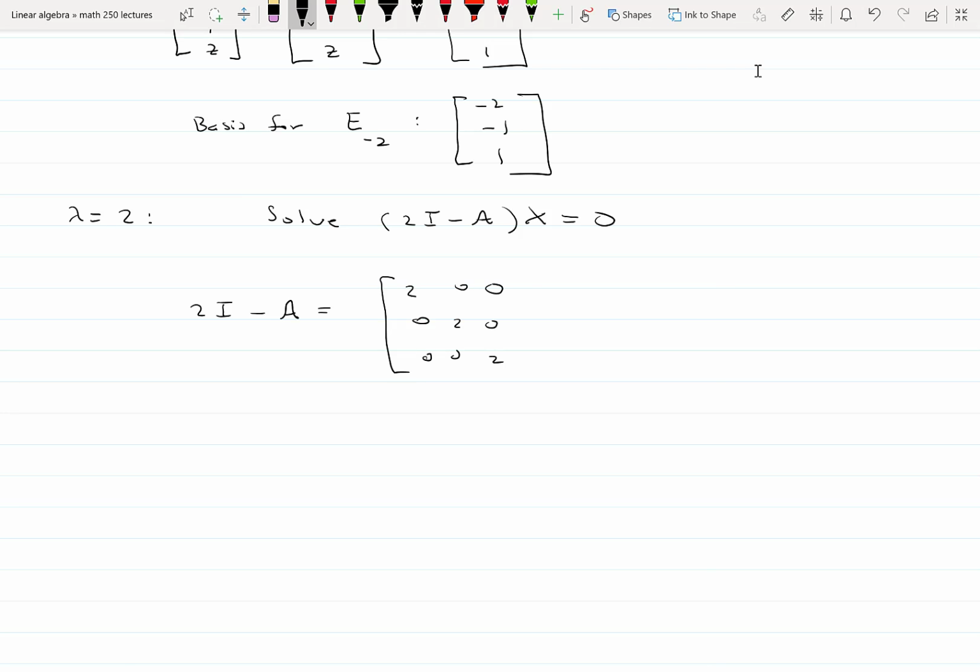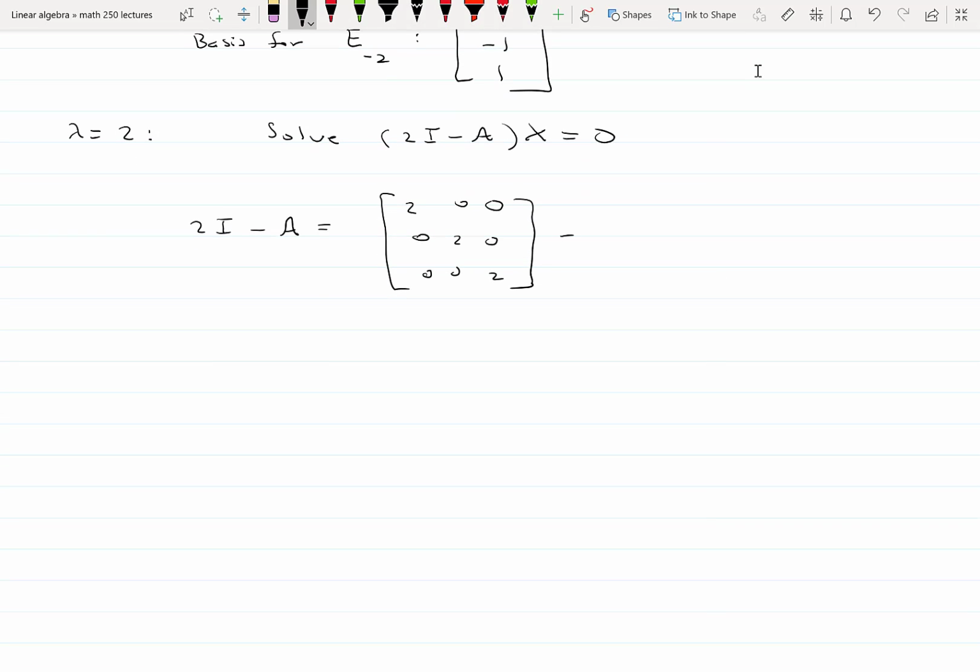Okay, so there's 2I minus the original, same old A: negative 6, negative 4, 0, 2, 0, and negative 8, negative 4, positive 6. I've almost got this matrix memorized.